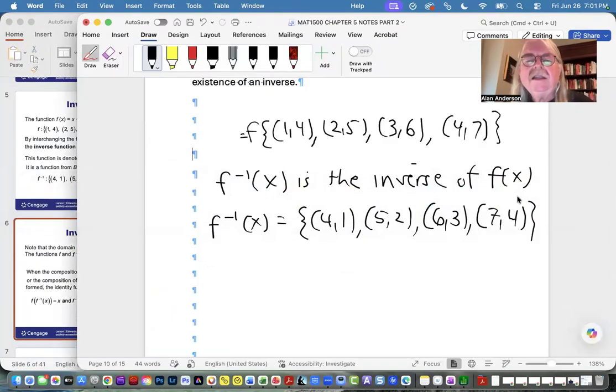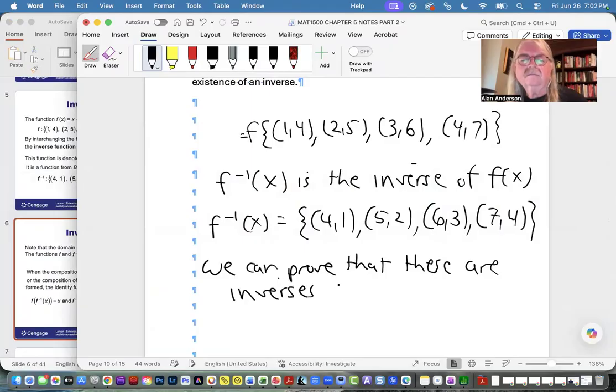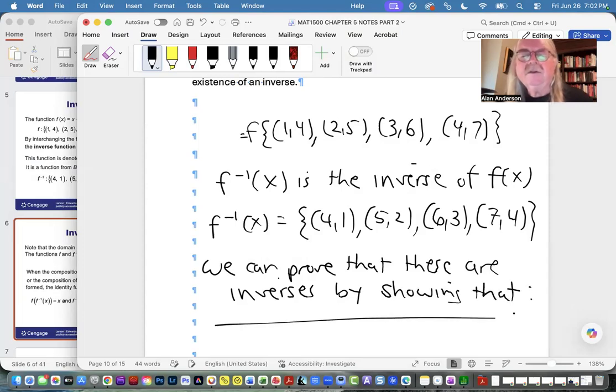The other thing that we want to notice is that we can prove that these are inverses, although we don't actually have a function here. There's a way you can prove that they're inverses.